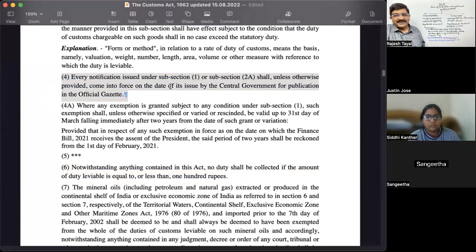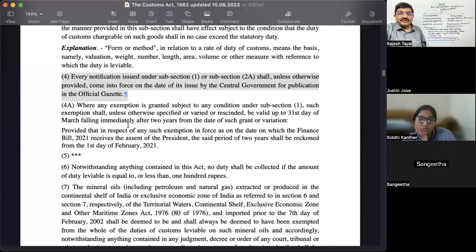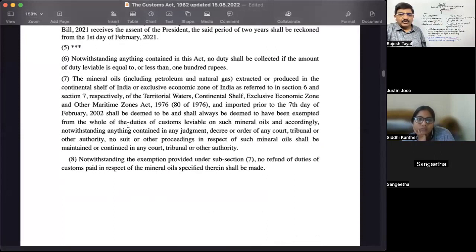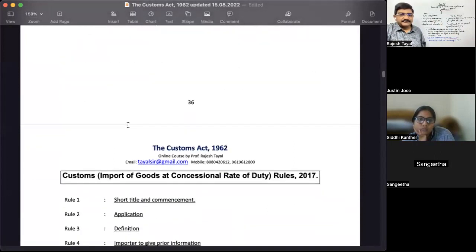Once it is issued, it is effective immediately. And when is the order effective? It is applicable for the period specified in the order, from which date to which date. For which quantity, for which purpose, for which port or airport, everything is given in the order. So this is section 25. Not going into too much detail.